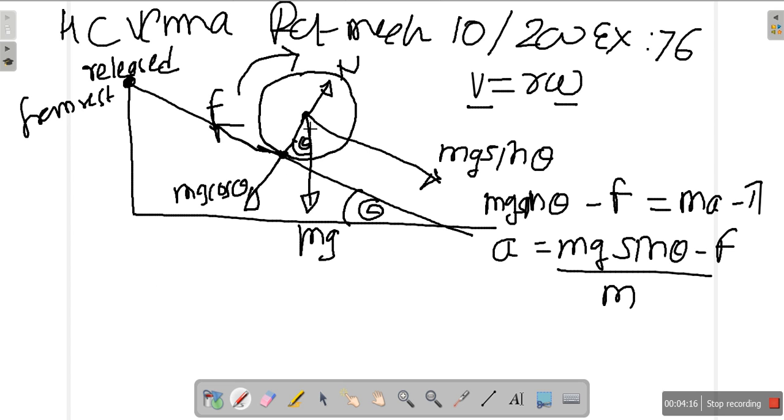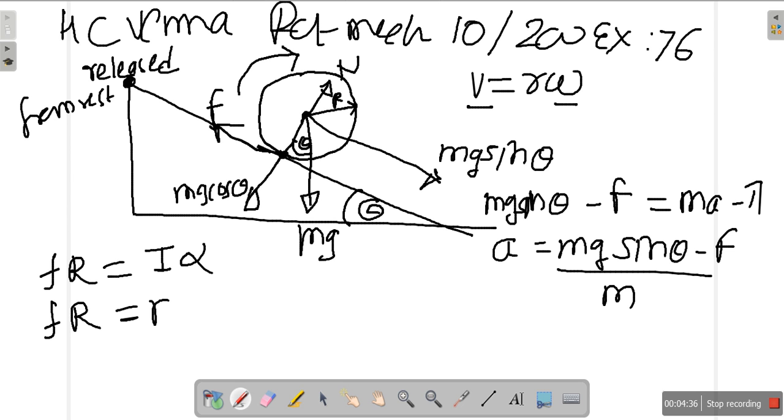Now let us consider the rotational aspect of it. The torque produced at the center is F into R, where R is the radius. Let us take R as the radius of the sphere. So F into R is the rotational torque. This torque is equal to I into alpha. Let us take I as m k square in general, where k is the radius of gyration. We can put the value afterwards.